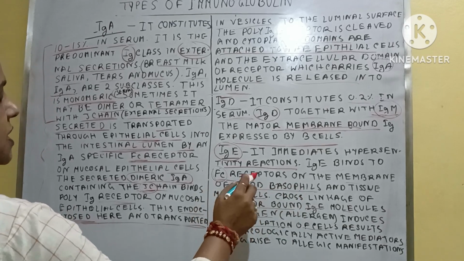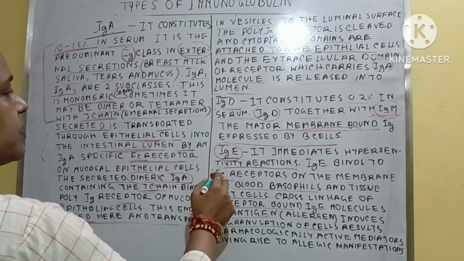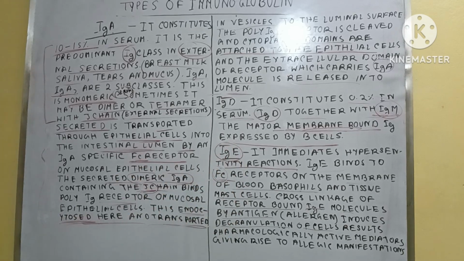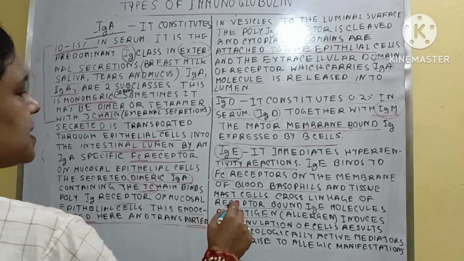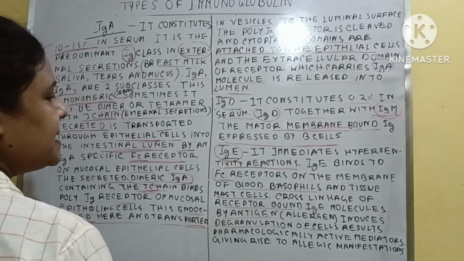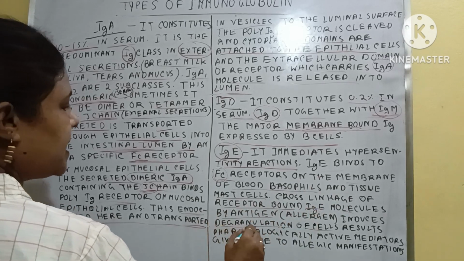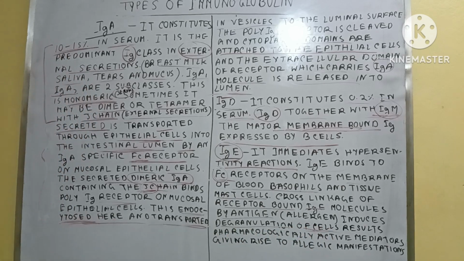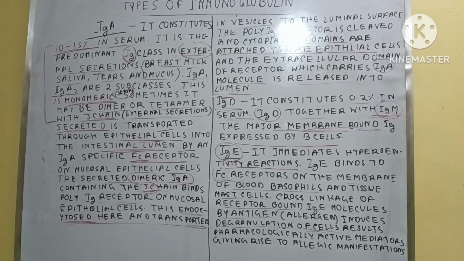Their membranes have Fc receptors, and the IgE binds with them. The cross linkage of the receptor bound IgE molecules by antigen induces the degranulation of the cells, and this releases pharmacologically active mediators, giving rise to allergic manifestations.